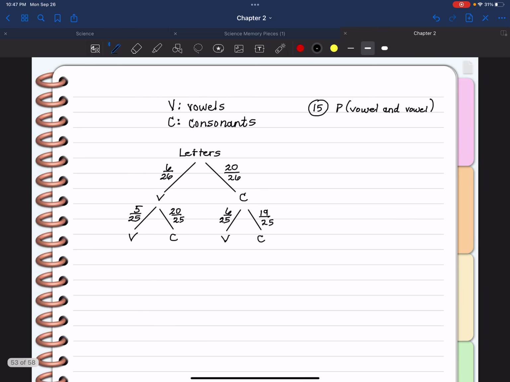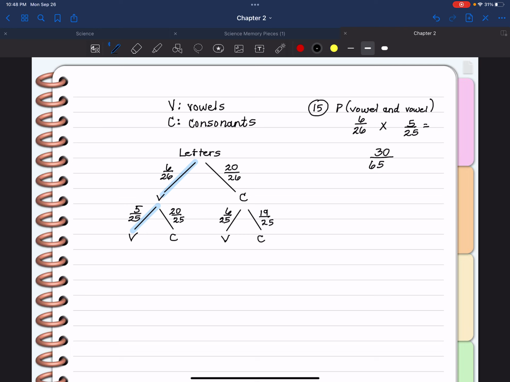So the probability of drawing a vowel the first time is 6 out of 26. We don't replace it, and we draw a vowel again. So vowel, vowel, this time it's 5 out of 25. Multiply those to get 30. 26 times 25 is 650.